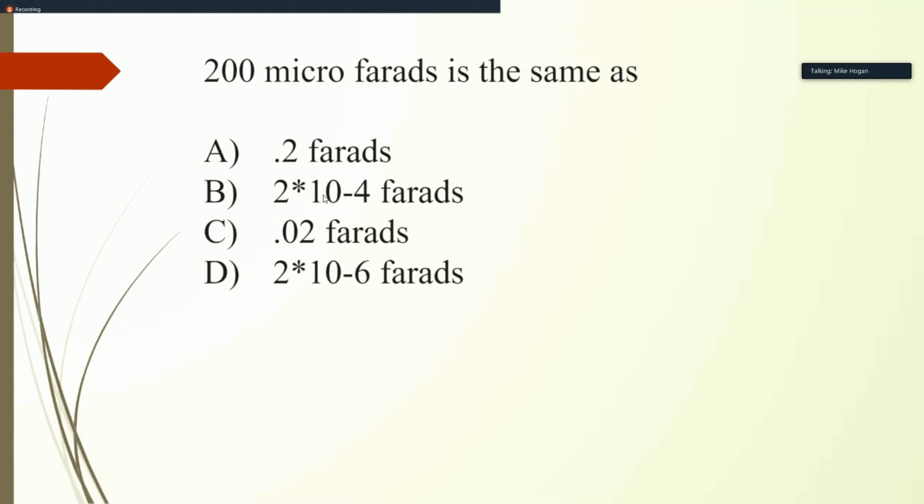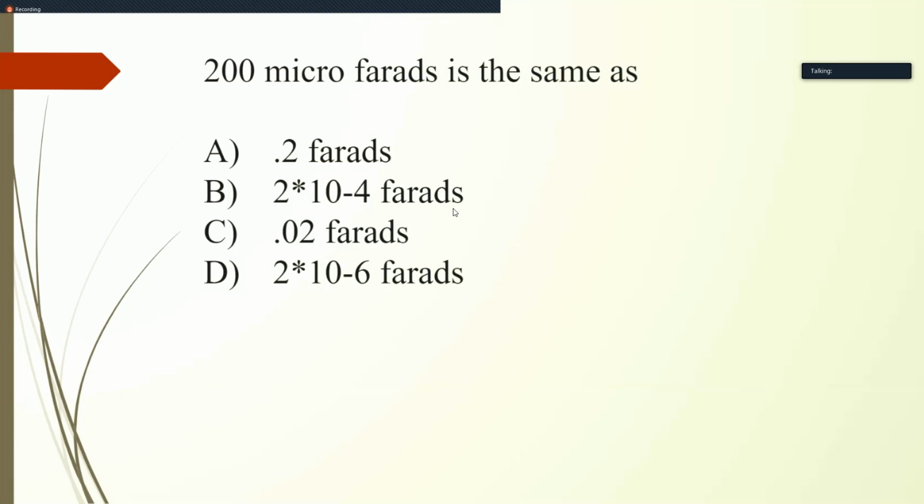You can see what they've done is they took 200 times 10 to the -6 and they moved it 2 places. So this would be -5, this would be -4. And so that's how they get 2 times 10 to the -4.